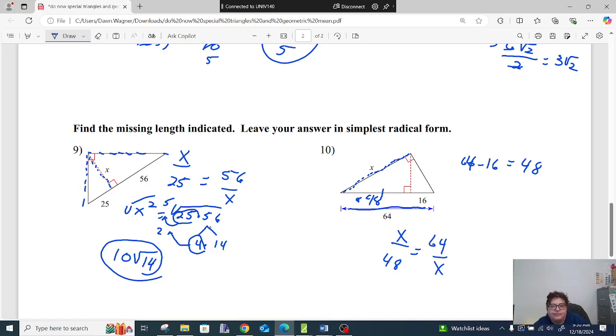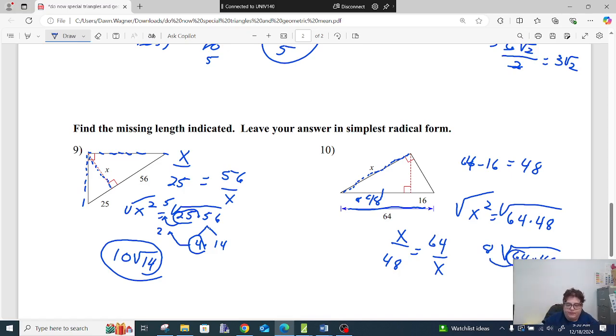So when I cross multiply, I get x squared equals 64 times 48. I'm leaving it like that so I can simplify my radical easier. Because when I take the square root, I know that 64 is a perfect square. What is the square root of 64? This comes out as 8.